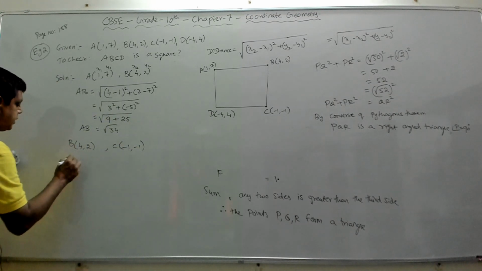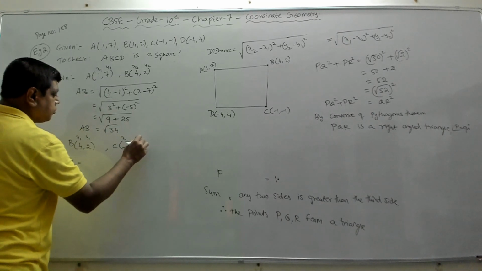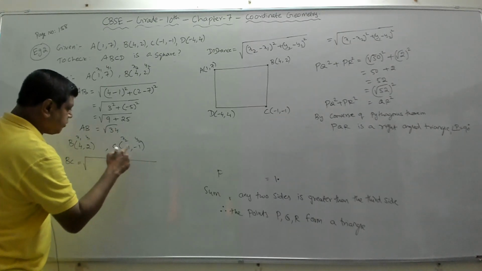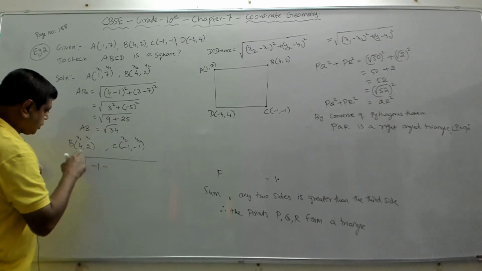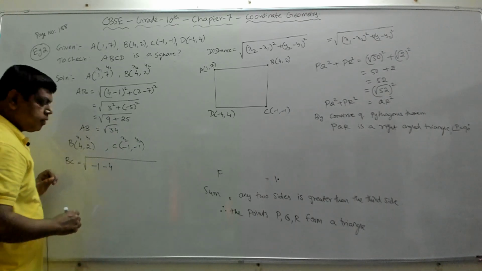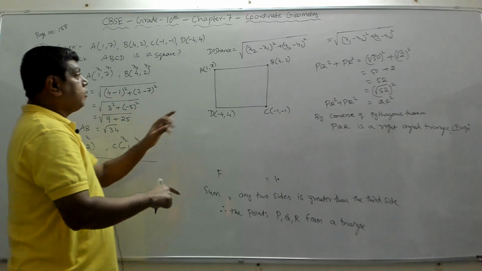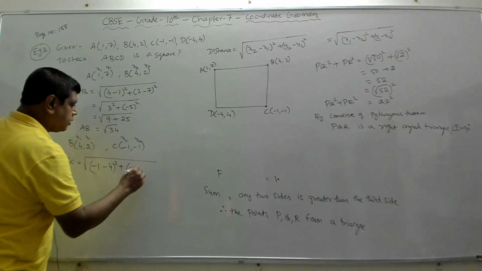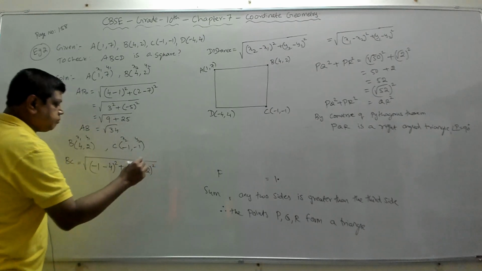Now we have to find BC. So again we will take this as x1, y1, x2, y2. So what is our formula? Distance formula is square root of (x2 minus x1), where x2 is minus 1 and x1 is 4, the whole square, plus (y2 minus y1), where y2 is minus 1 and y1 is 2, the whole square.